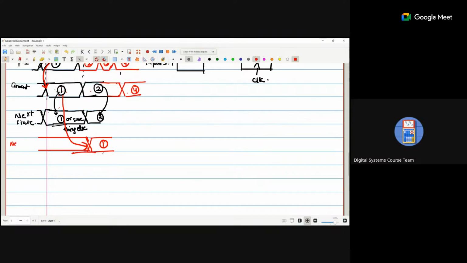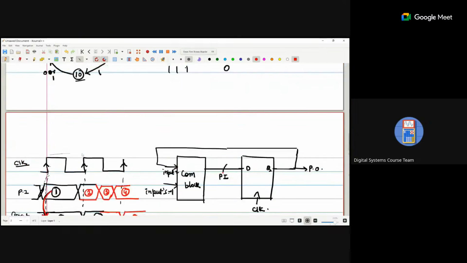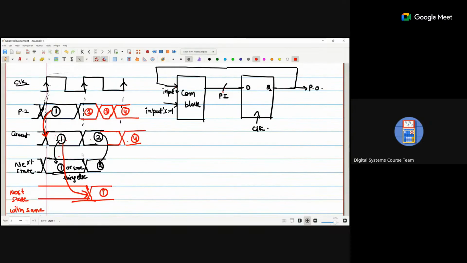So we have a next state with the same clock pulse. Clear? Yes, sir.